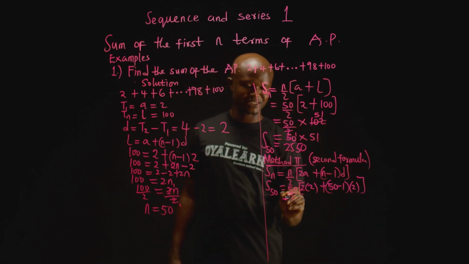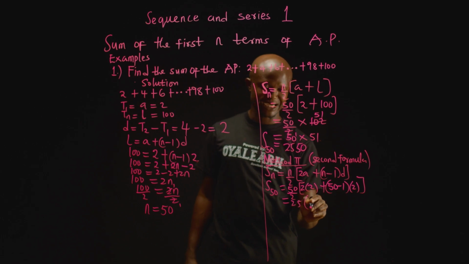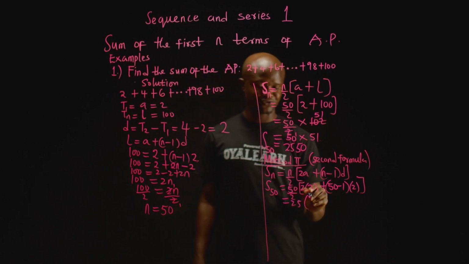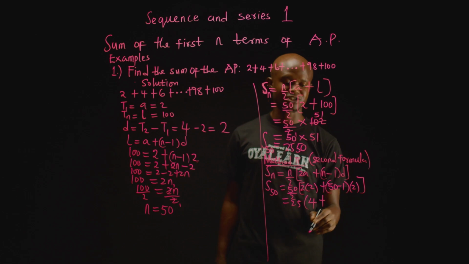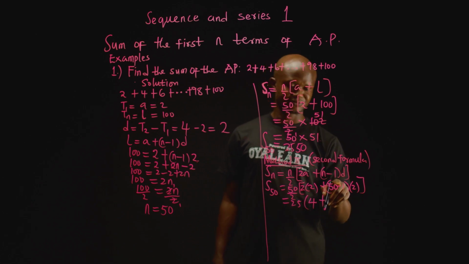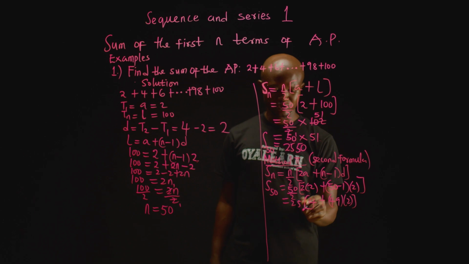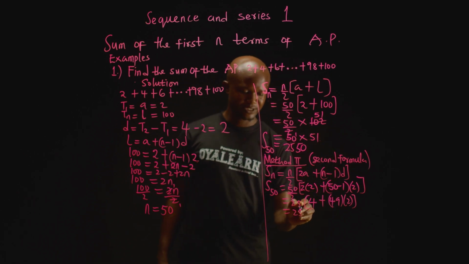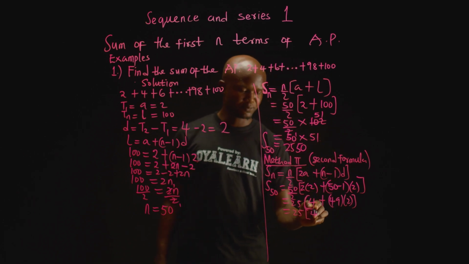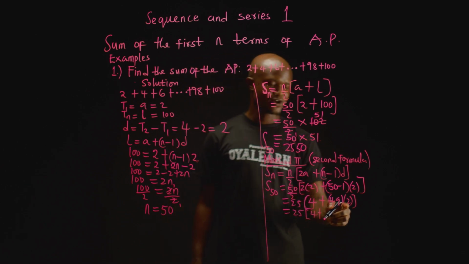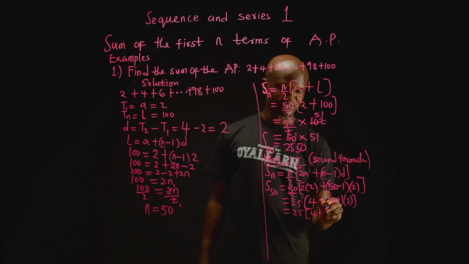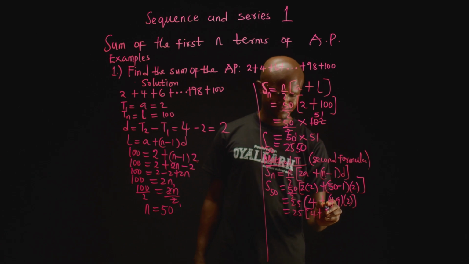So in this case, this is 25 times 2 times 2, that is 4. Then plus 50 minus 1, that is 49. So we have 49 times 2 here. So this will give us 25 into bracket 4 plus, what are we going to have? 49 times 2 will give us 98.